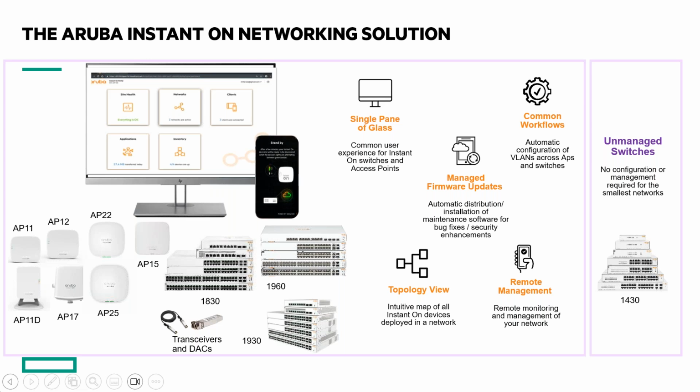As I said, we just migrated to 2.9. There's a common workflow, so that when I set a configuration on an access point, it automatically gets deployed to the switches. You can have a topology view of your particular environment within that single pane of glass interface, and there's the ability for remote management for these devices as well.